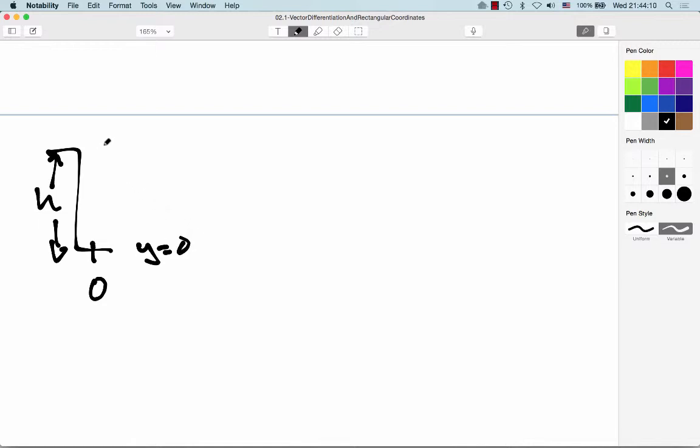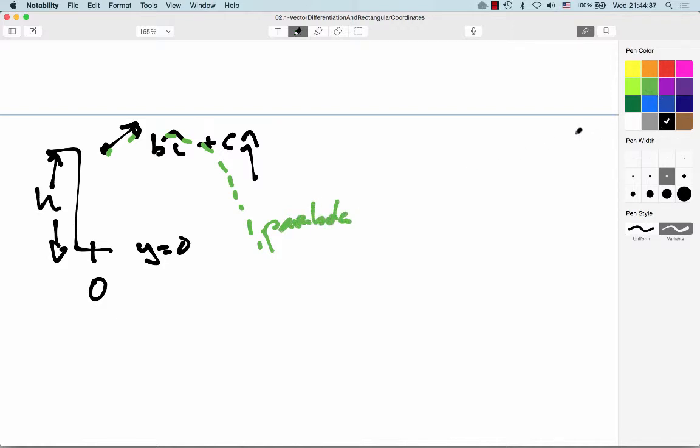Okay, now what will be different is this time I will launch it with some initial velocity off at an angle. So we'll say it's b i hat plus c j hat. All right, well, we know from before that the trajectory we're going to take is going to be some kind of a parabola.